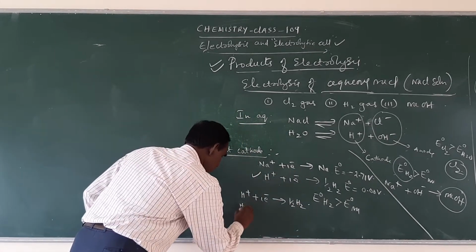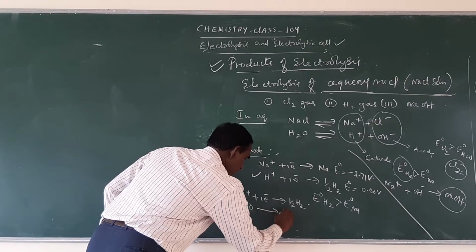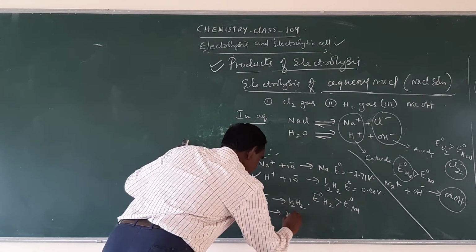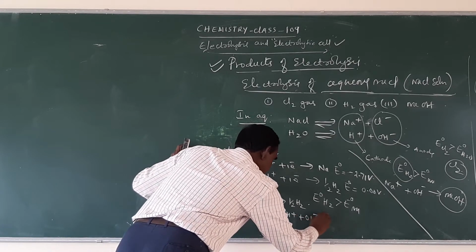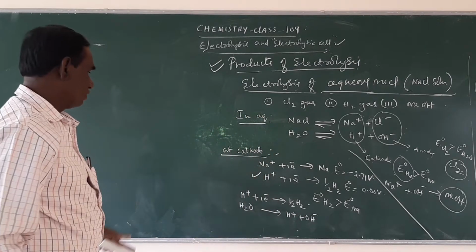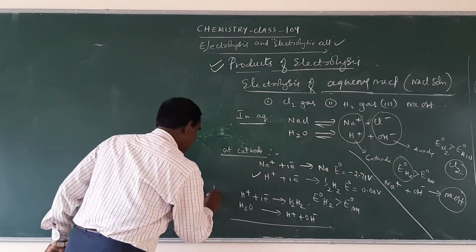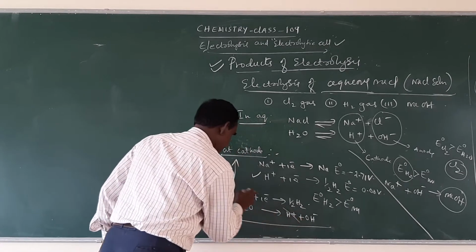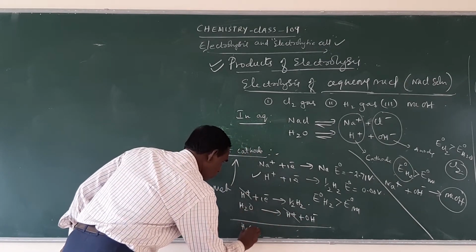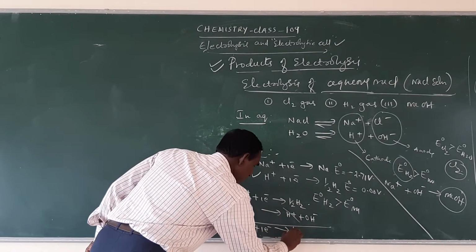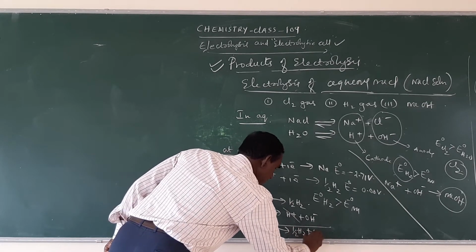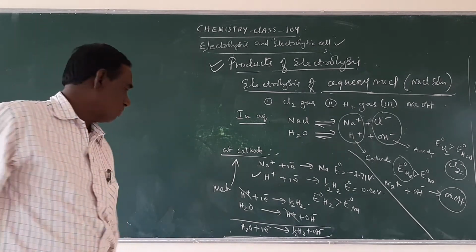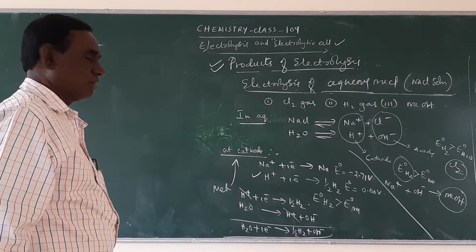And H2O dissociates to give H+ and OH-. So this is the net reaction at the cathode. If you cancel the H+, you will get H2O plus 1 electron gives half H2 plus OH-. So this is the net reaction at the cathode: H2O plus 1 electron gives half H2 plus OH-.